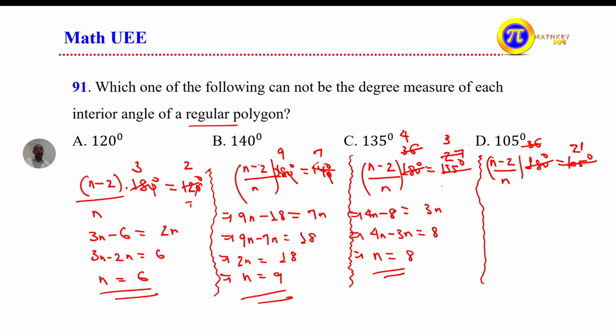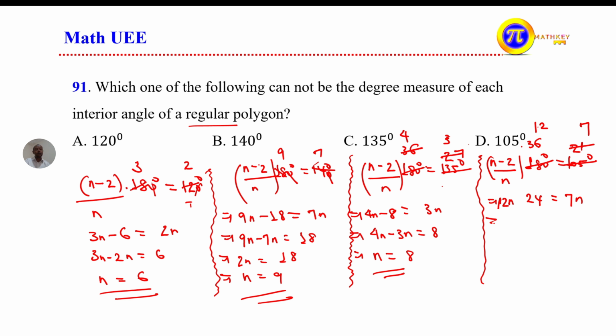Again, dividing by 3, 36 becomes 12 and 21 becomes 7. Now crisscross this one. n times 12 is 12n, minus 24 is equivalent to 7n.